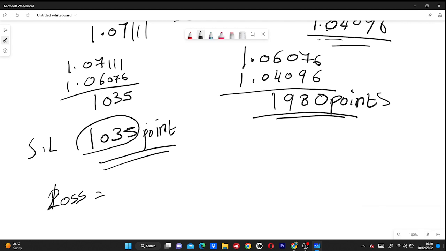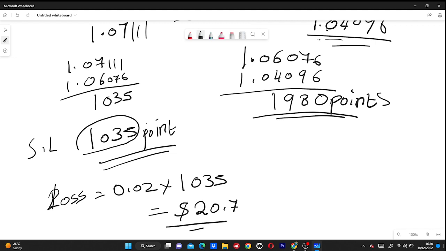So you multiply 0.02 times 1035. That will be $20.7. That is what you lose over here in case it just goes against you.